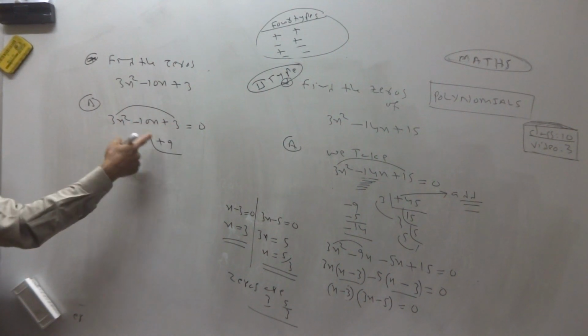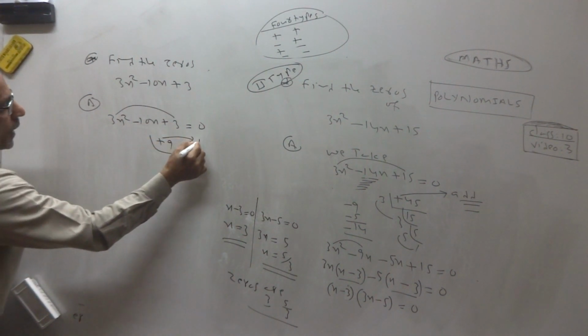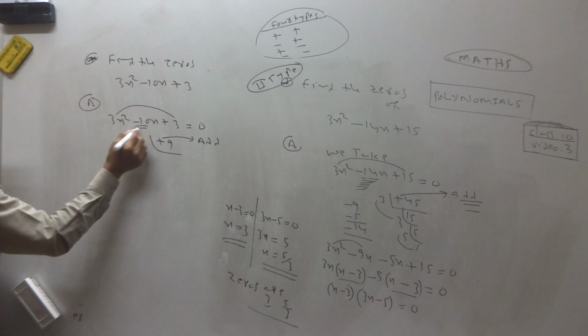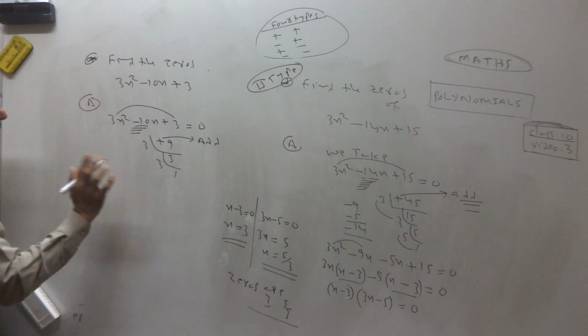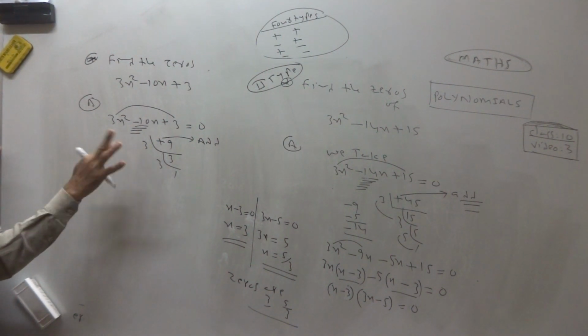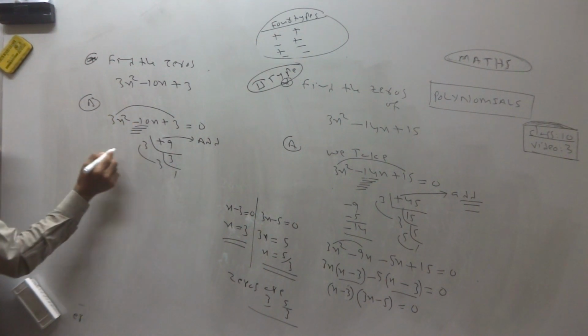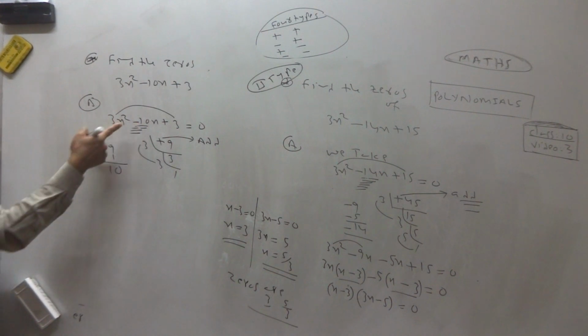Plus. Immediately write the sign. Plus means you should add to get center number 10. 3 threes are 9, 3 ones are 3. Finished. Now you decide two numbers. If you add them, you should get 10. So 9 and 1, 10.